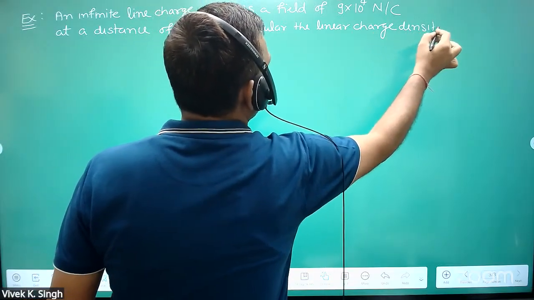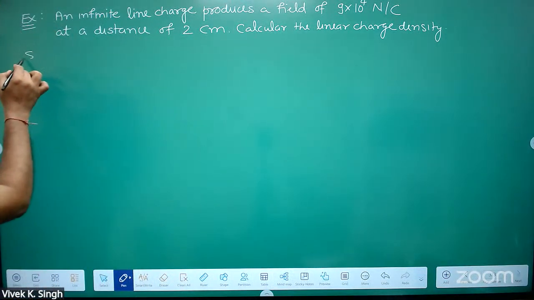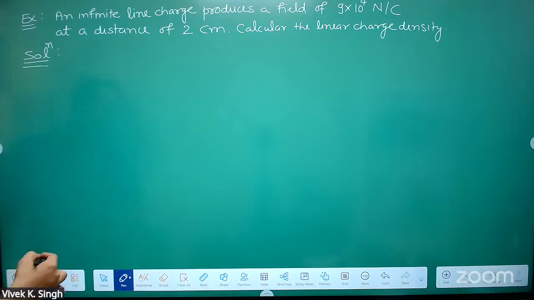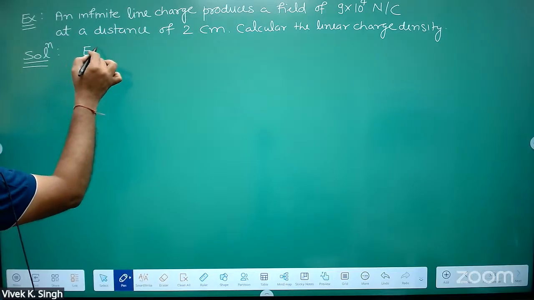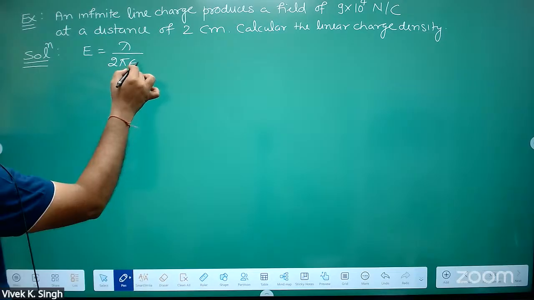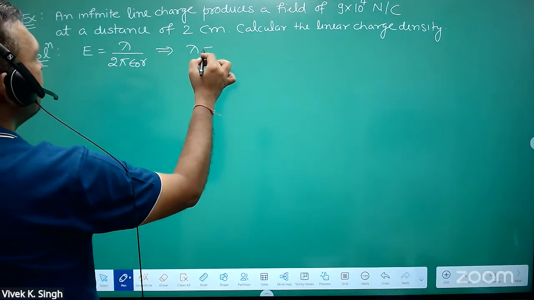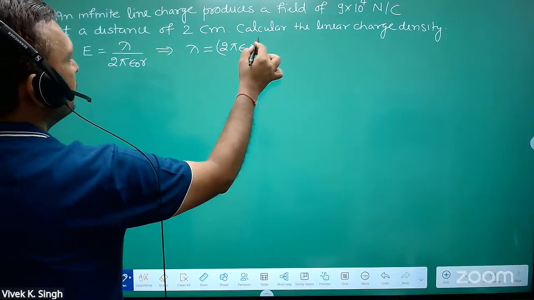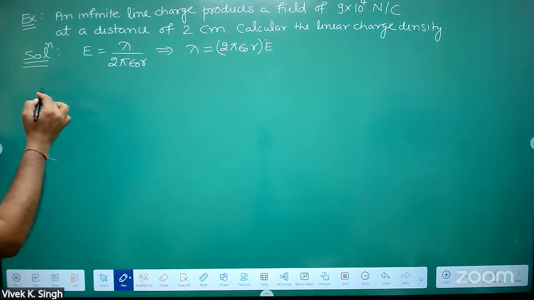So if you remember the formula, you can directly calculate. It's a matter of calculation only. So because E is lambda by 2 pi epsilon 0 r, what will be lambda? Lambda is 2 pi epsilon 0 r into E. So you should calculate this value.